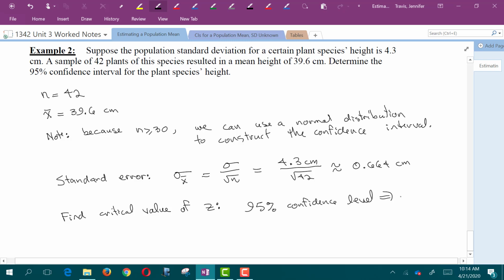This means that my alpha is 0.05. For those of you who are not used to this symbol I just wrote, it is what we call an implication symbol. It's a nice little shorthand. It implies or leads to.